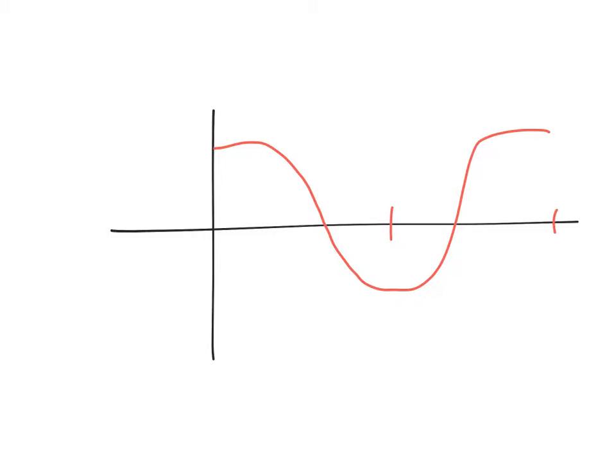And I goofed up 1 mark there. That's the middle, and that's the middle. So then there's 2 pi here, pi here, pi over 2, 3 pi over 2. Those are the exact same numbers as last time, they're just in different places. And then this peaks out at 1, drops to -1.